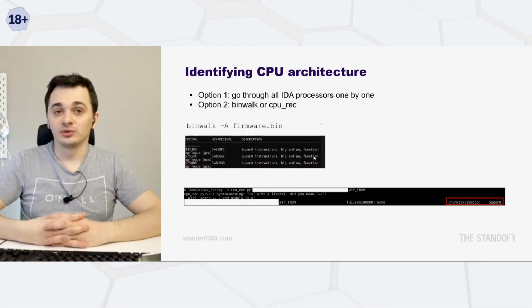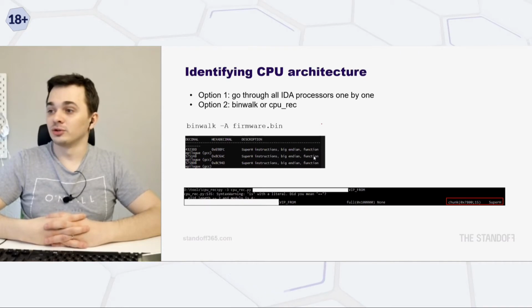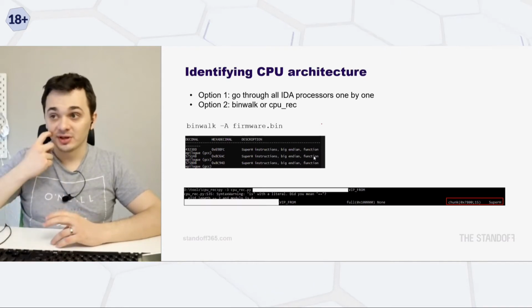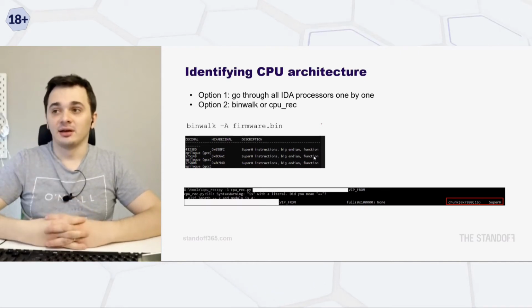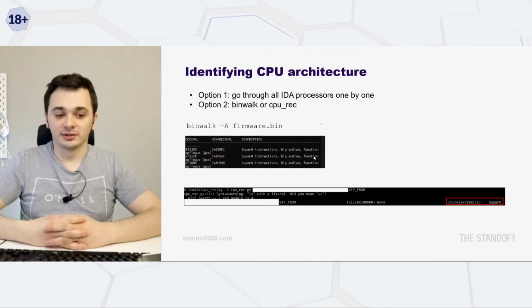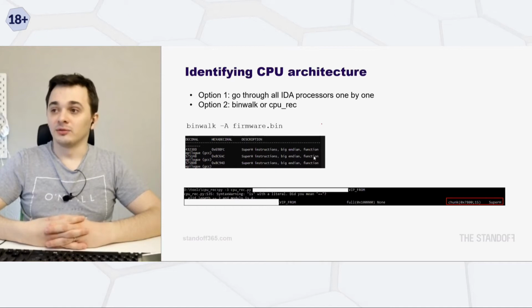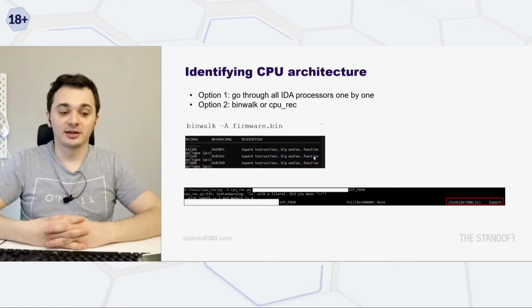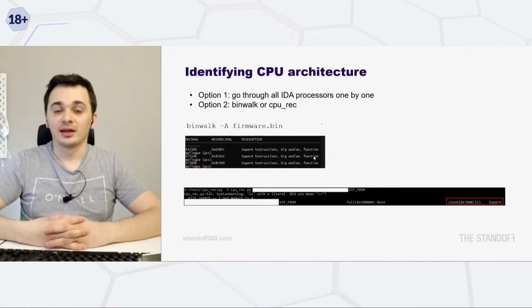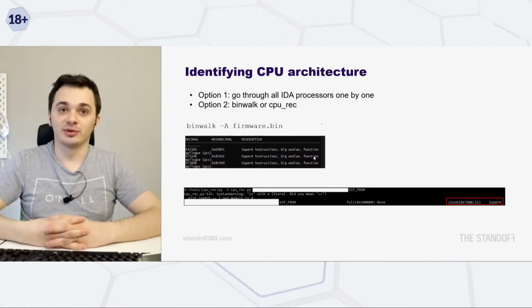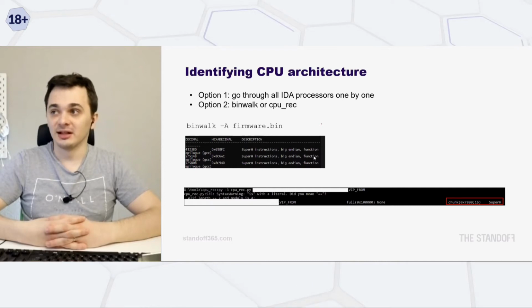Also, if we use another utility which has similar functionality called CPU_rec, we will see that it also detects instruction sequences characteristic of the Super H CPU. So this is a very neat, easy way of identifying the CPU in question.